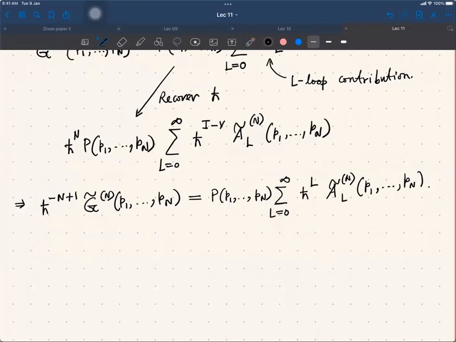So if you take h bar going to zero limit, then one should take the h bar going to zero limit of this quantity, not this quantity.